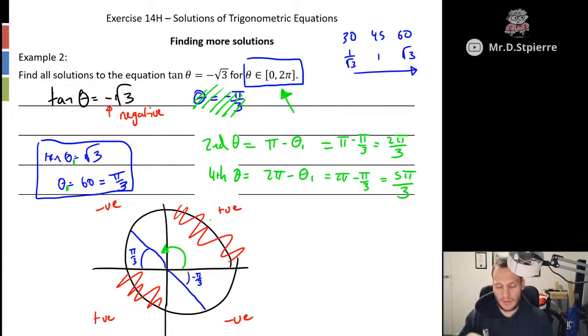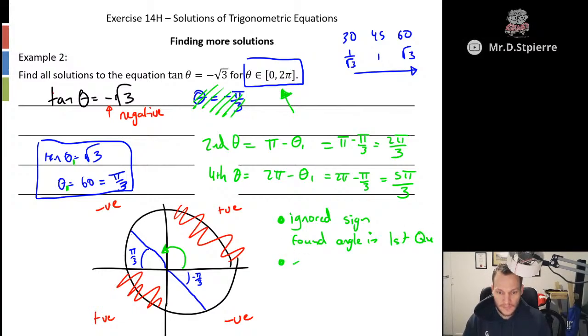So that was a little bit messy, so let me try and summarize what the strategy was. In the end, I ignored my sign at the start and found the angle in the first quadrant.